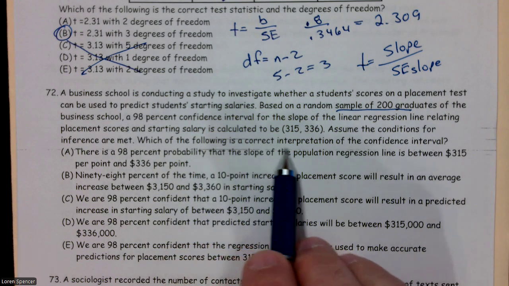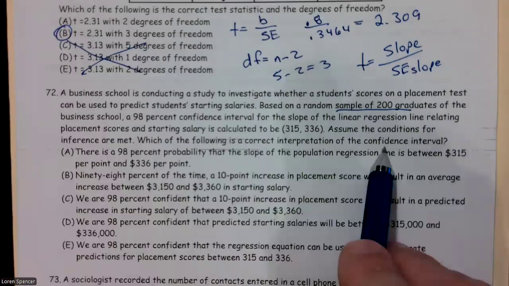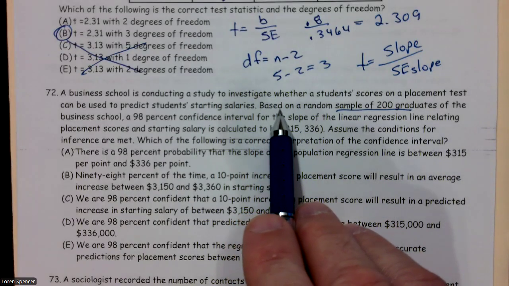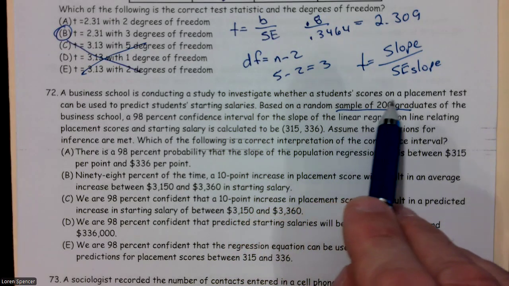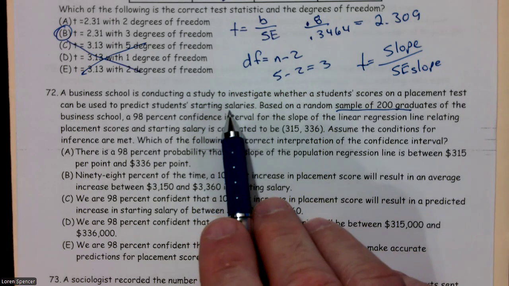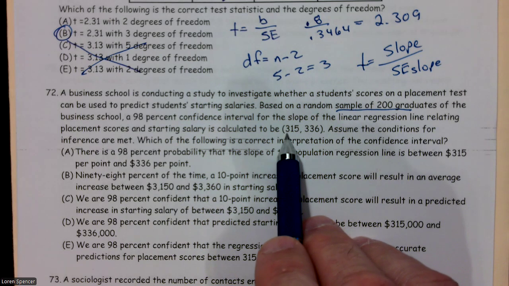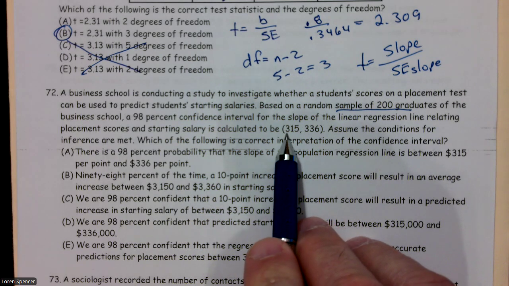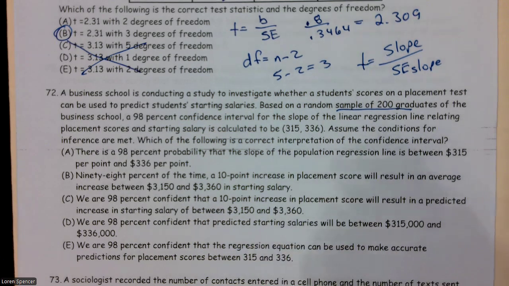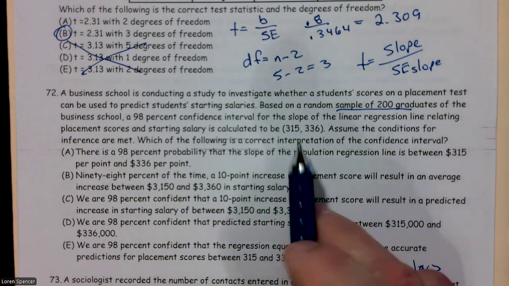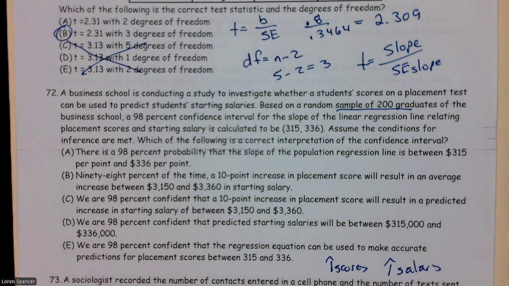Which of the following is a correct interpretation of the confidence interval? So let's go back and look at this. We have a positive relationship, so as scores go up, salary goes up. The reason we know we have a positive relationship is that both of those values are positive.